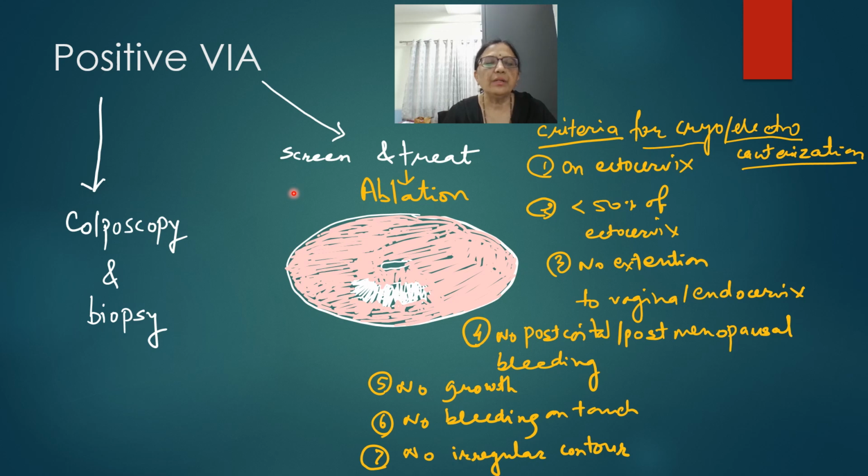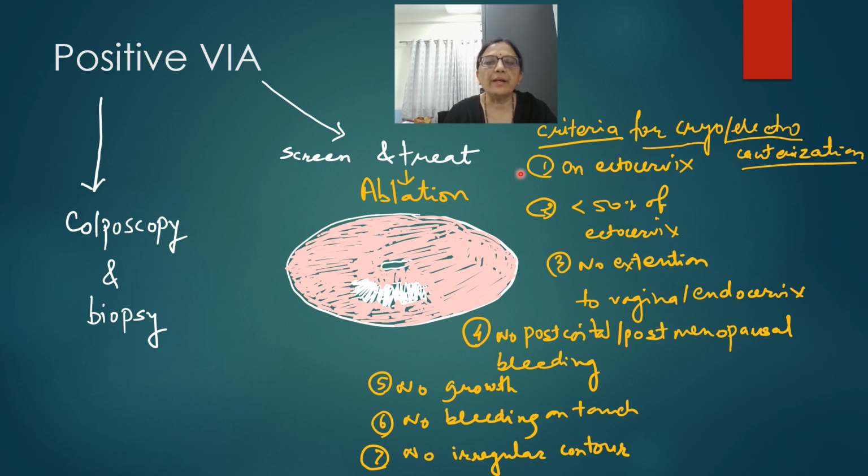But if the colposcope is not available, then in the same sitting we can proceed with screen and treat approach, where we can proceed with either cryocauterization or electrocauterization. Cryocauterization is better than electrocauterization results-wise, but whatever facilities are there, we can do this. This is called ablative therapy or ablation.